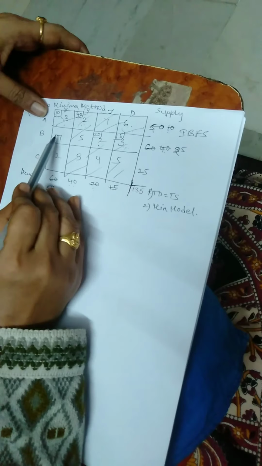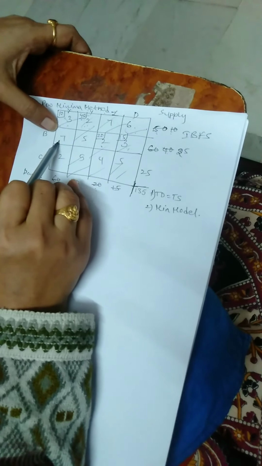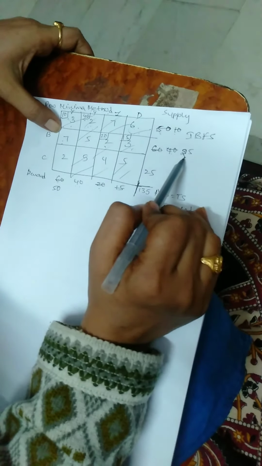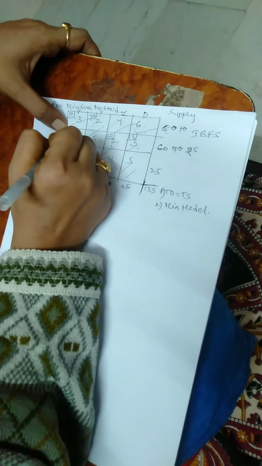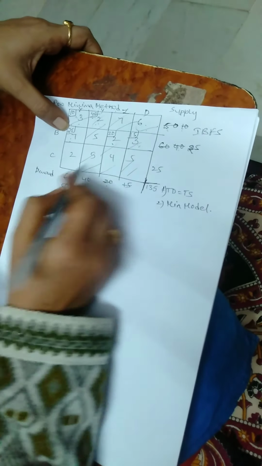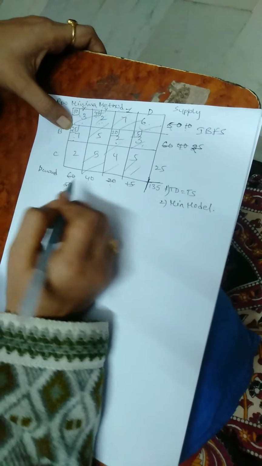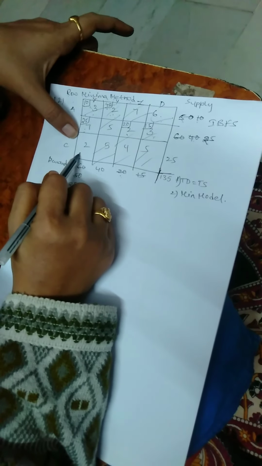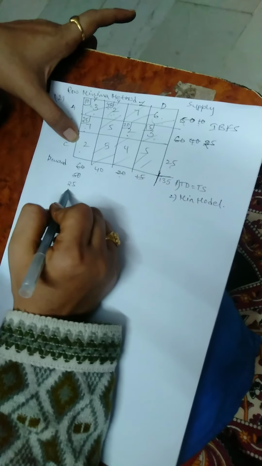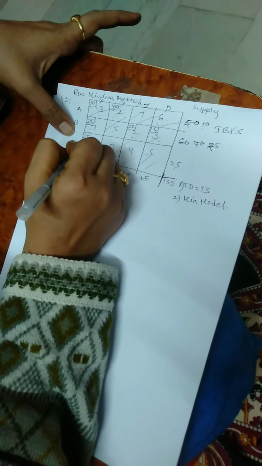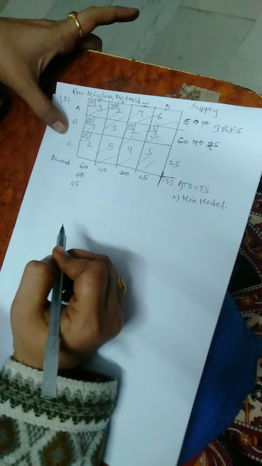Still we have to supply 25 more units here. So select this cell, here it is 25, it is 50, 25 is to be allocated, and here 25 remains, and we are left with only this cell. Here 25 are to be supplied, 25 are demanded, therefore allocate 25.